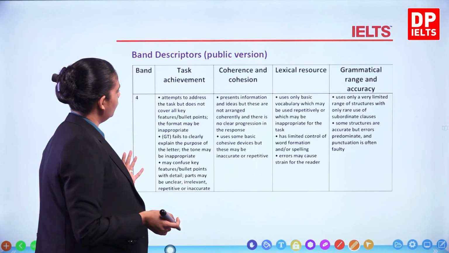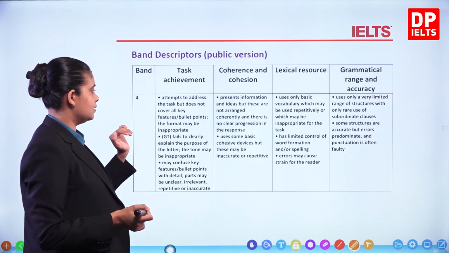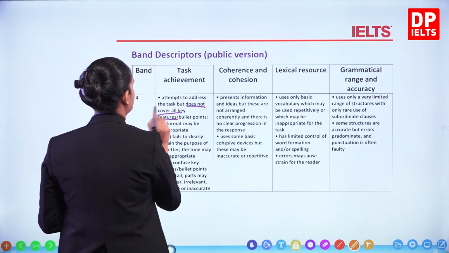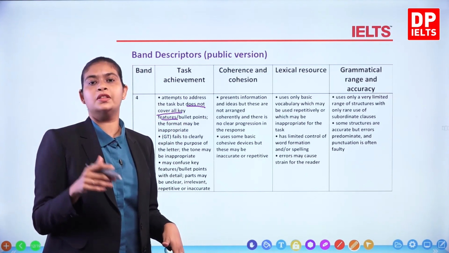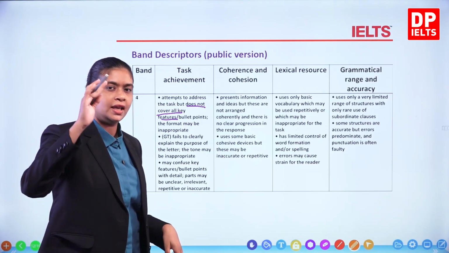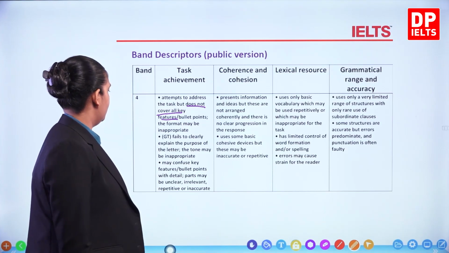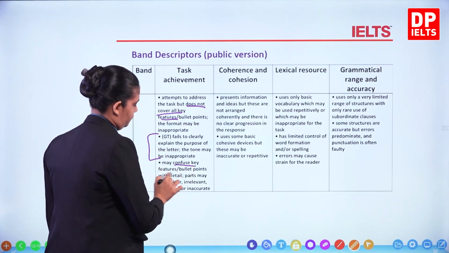Looking at 4, right? Attempts to address the task but does not cover all features. Now, can you see how important it is for you to cover all the features? The moment you don't, it starts dropping one by one. Okay? GT we don't want. May confuse key features.